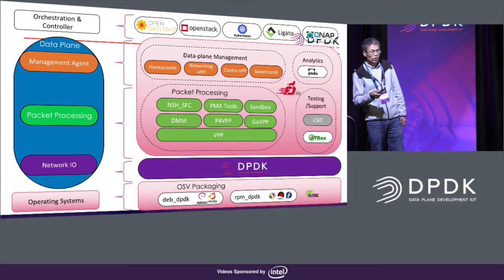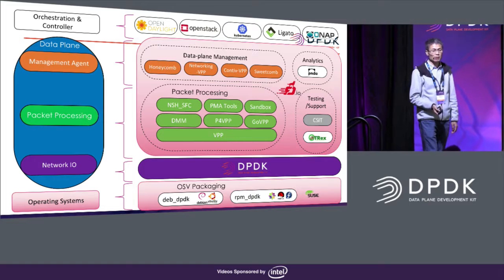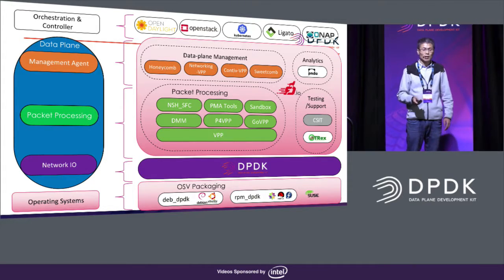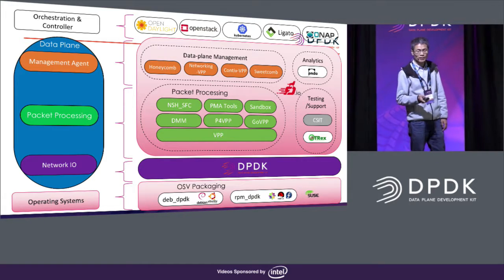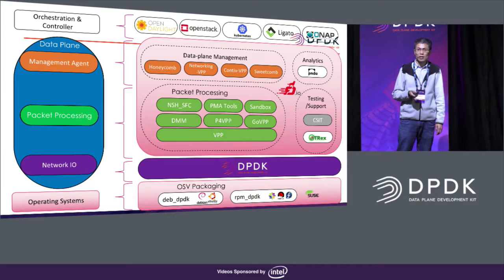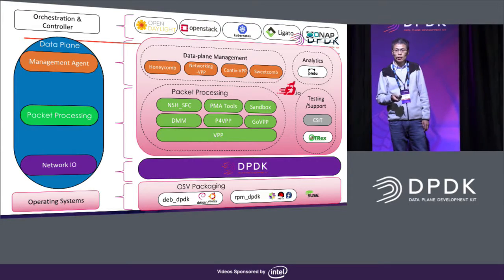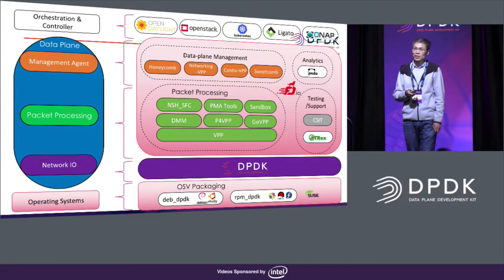Then there are lots of sub-projects based on VPP, such as DMM, which was proposed by Huawei, which can cooperate with different host stacks, such as the Linux TCP kernel stack, the VPP host stack, and also the F-Stack from Tencent.